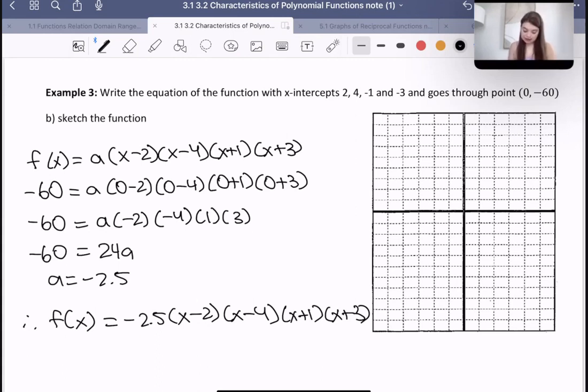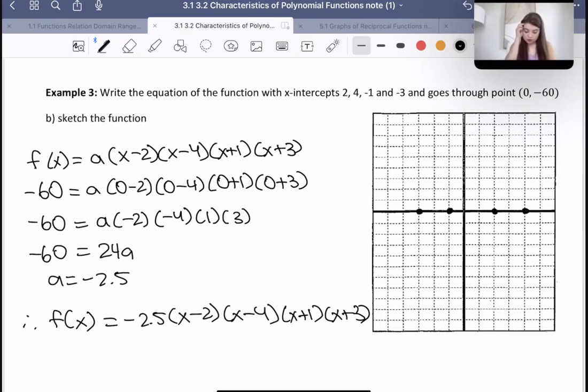Then it says to sketch the function. Now that we have the equation, we're able to sketch here. So let's see, what are our zeros first of all? They are 2 and 4 and -1 and -3. So there they are.